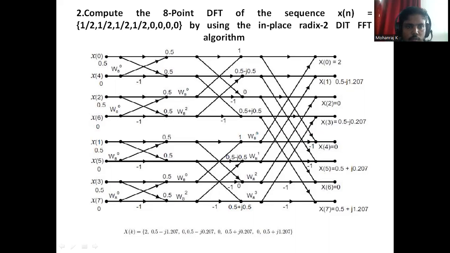So we know the values x[0] to x[7] are 1/2, 1/2, 1/2, 1/2, 0, 0, 0, 0.